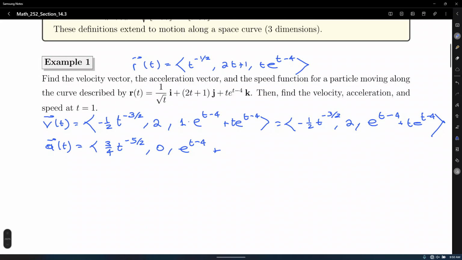Isn't that differentiating that product again, which actually gave us the same result here? I'm just going to copy this result, plus e to the t minus 4 plus t e to the t minus 4. However, how about we combine like terms? That is 3/4 t to the negative 5/2, 0, and combining these two together, 2e to the t minus 4 plus t e to the t minus 4. Okay, so that's our acceleration vector.